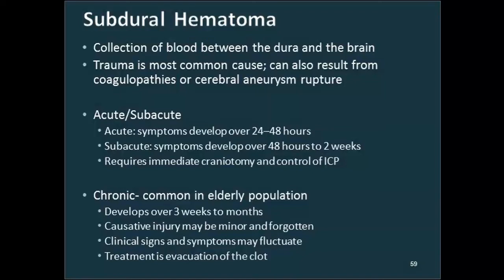If there's a weakened vessel that begins to leak, or if there's an aneurysm, it could rupture. So subdural hematomas are very common in the older population because of weakened vessels, aneurysms or coagulopathies and hypertension. You put those things together and it often equals subdural hematoma.